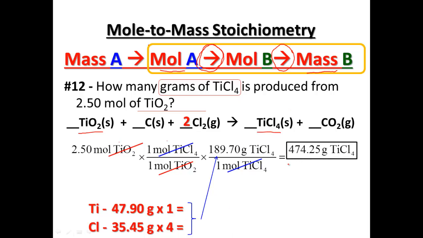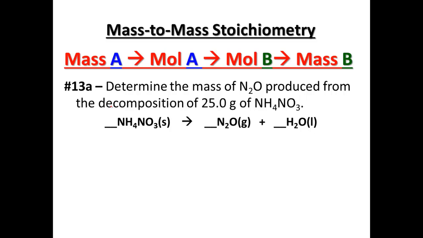Sig fig wise, 475 grams of titanium chloride, starting out with our 3 sig fig values and ending with our 3 sig fig values.